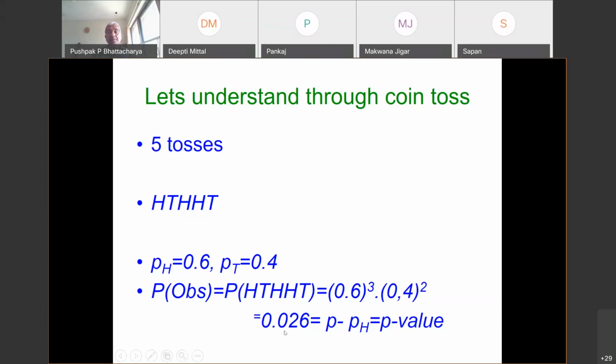The probability of the observation is 0.036. This is the p-value, the probability of observation. The probability of head being 0.6 and the probability of tail being 0.4 gives me the p-value of 0.036. I'll make this correction. This is 0.036.